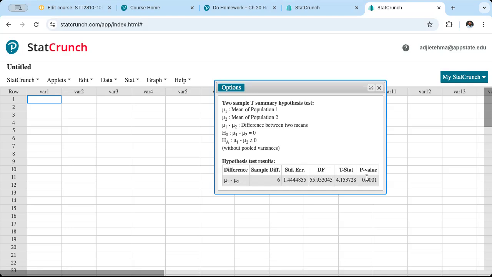Let us try more examples. So I encourage you to open chapter 20 homework.